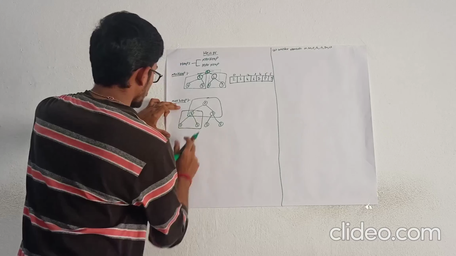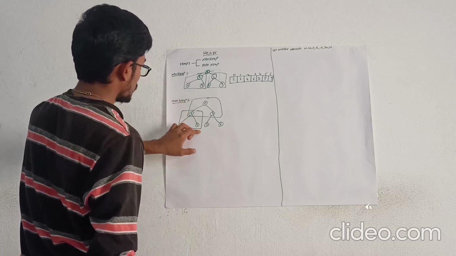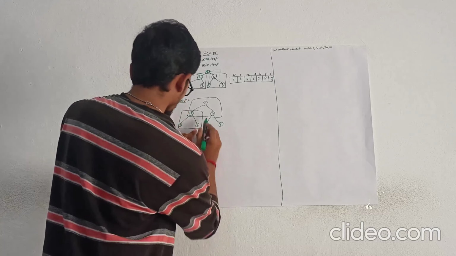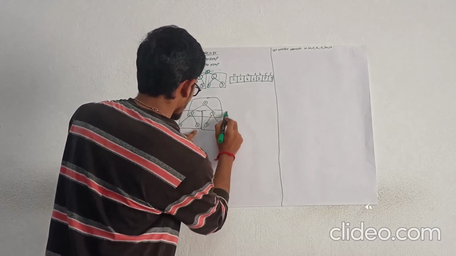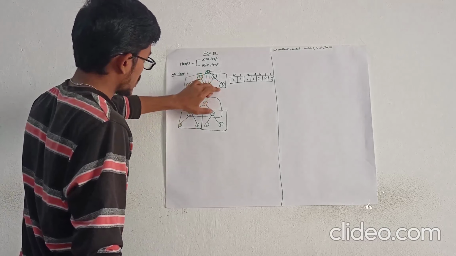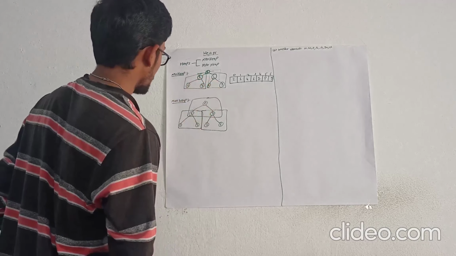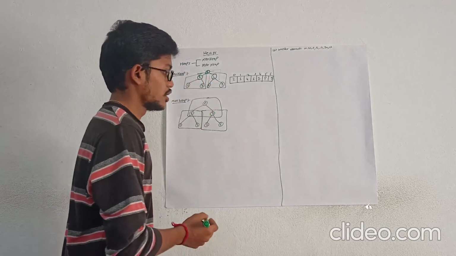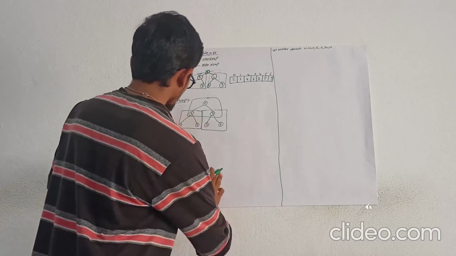And here 5, 2 and 4. 5 is the highest among 2 and 4. So here also the property is satisfied. And if you consider 7, 3 and 6, here also 7 is greater than 3 and 6. So the max-heap property is followed.